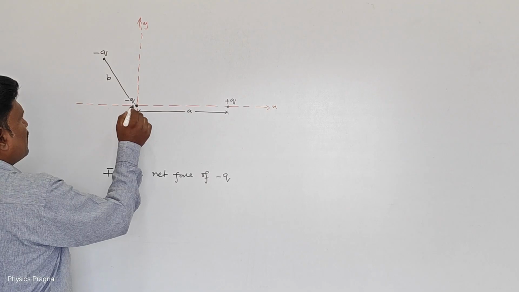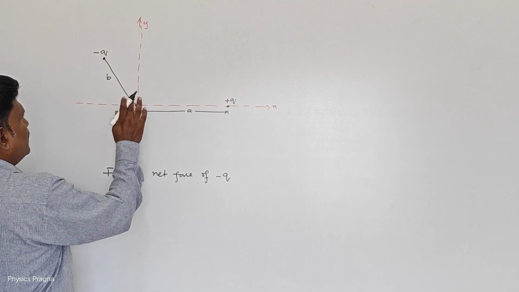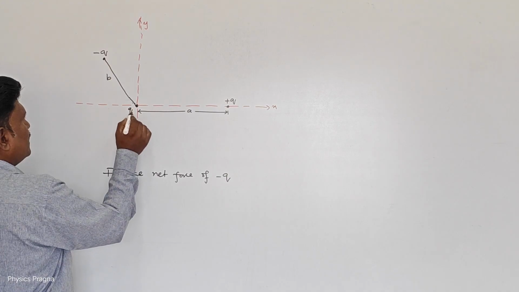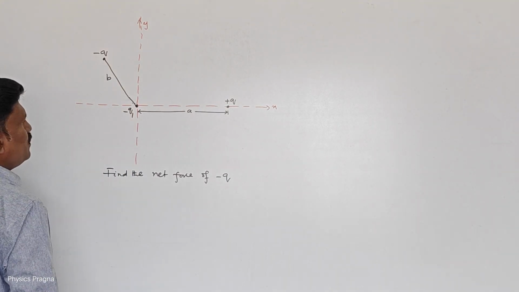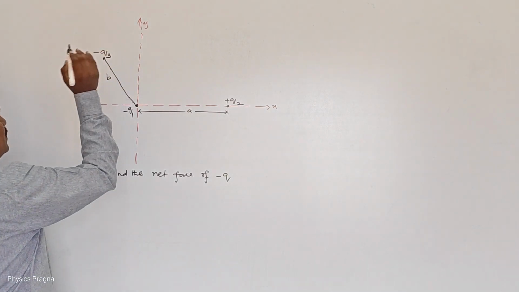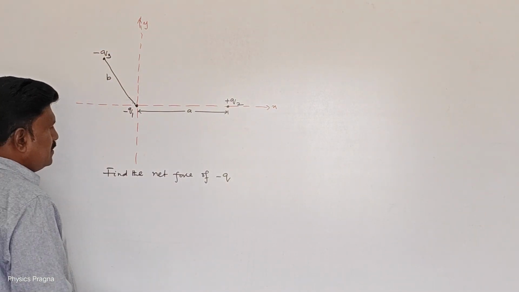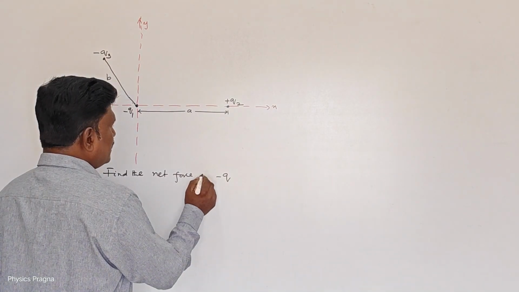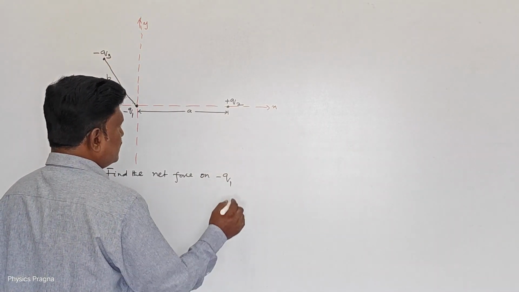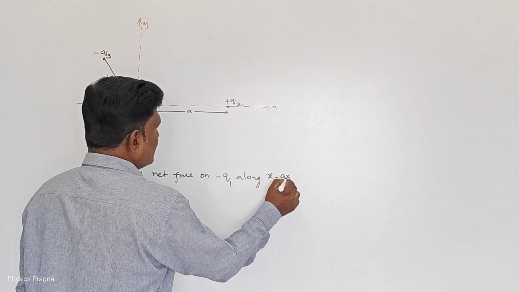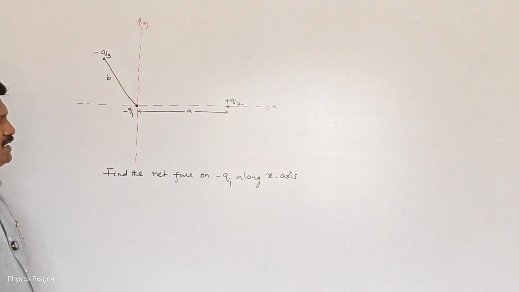The q which is at the origin, I will give the name q1. This is q2. This is q3, like that. Find the net force on q1 along the x-axis. If this is the question, let us solve this.